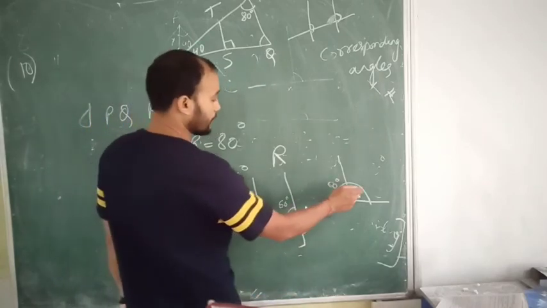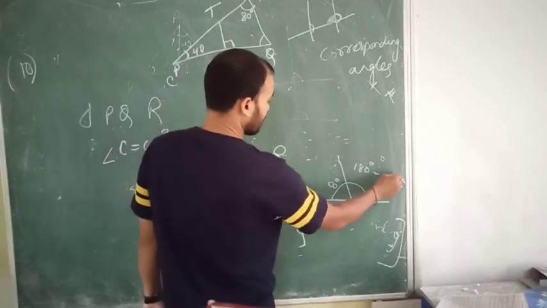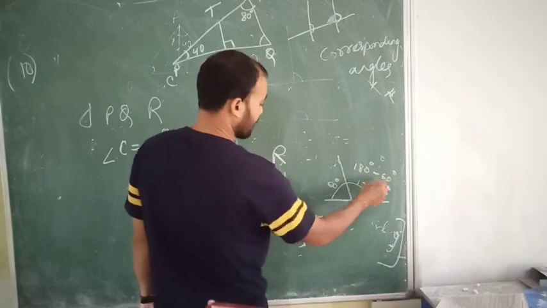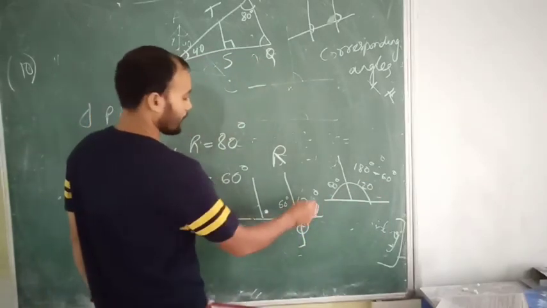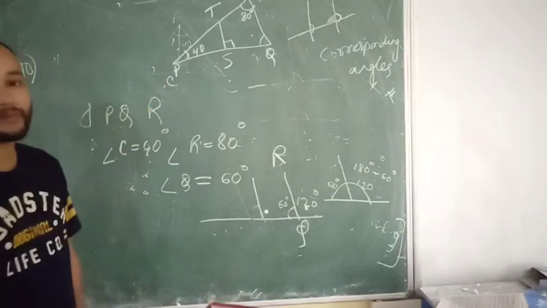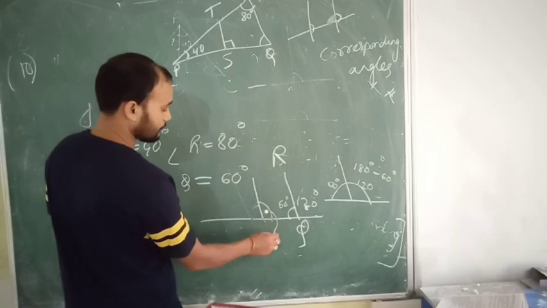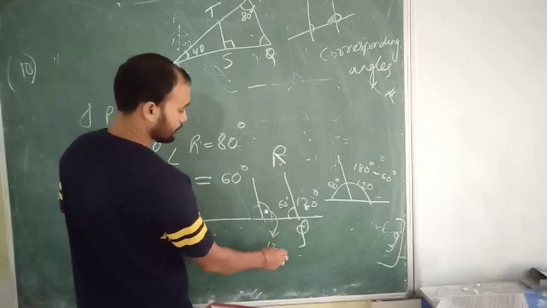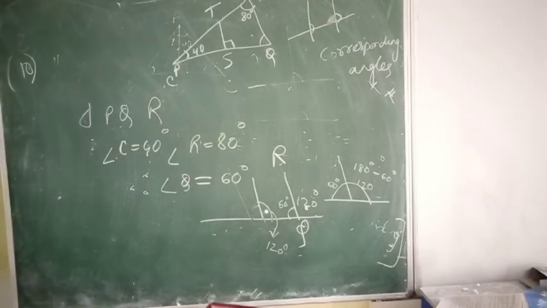If this is 60 degrees, this should be 180 minus 60 degrees, that is 120 degrees. Now this angle and this angle are corresponding. So this is also 120 degrees. TSQ, yes, TSQ.